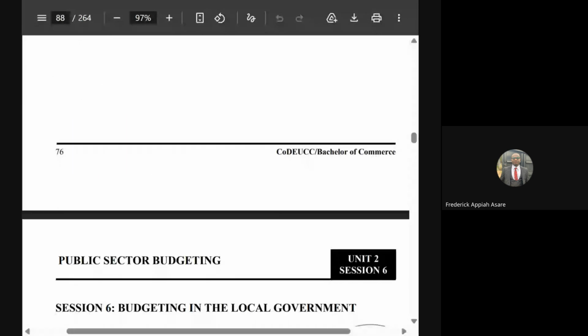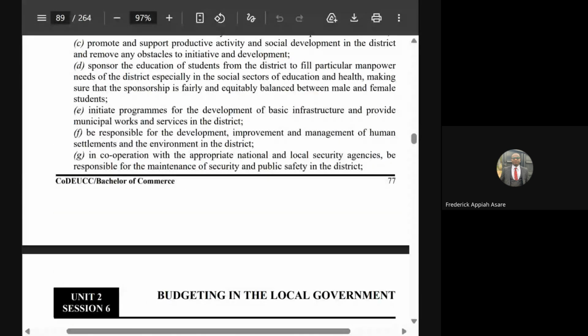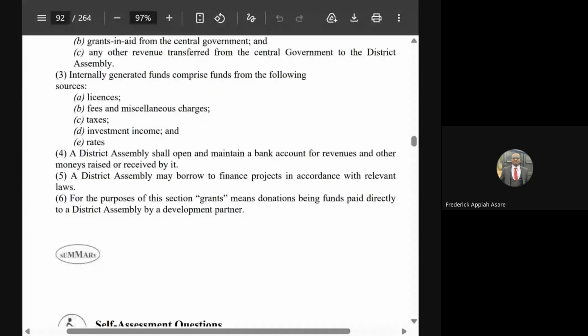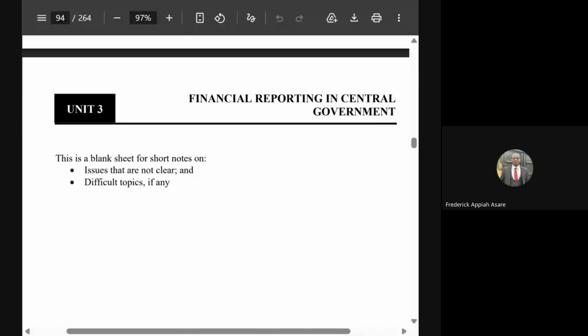We've done the budgeting at the central level. We look at the budgeting in the local government. When we are done, we use the first 15 or 30 minutes for it. When we are done, then we actually move on to the financial reporting in the central government.